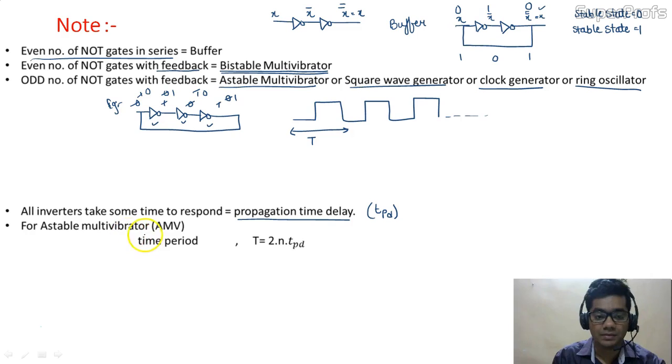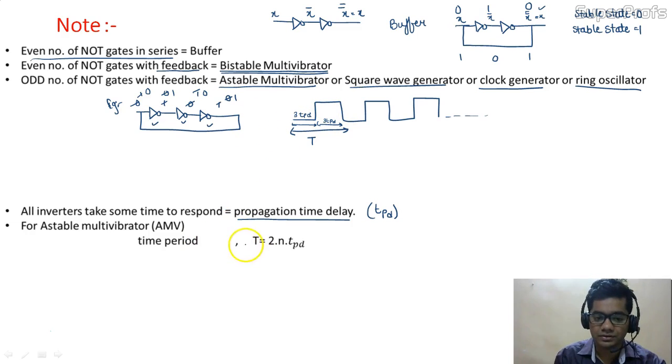So for an astable multivibrator, if we are considering three NOT gates, the delay would be 3 TPD in generating one output. So this 0 level would be 3 TPD, and in changing from 0 to 1, it would take around 3 TPD time, or 3 into propagation time delay.